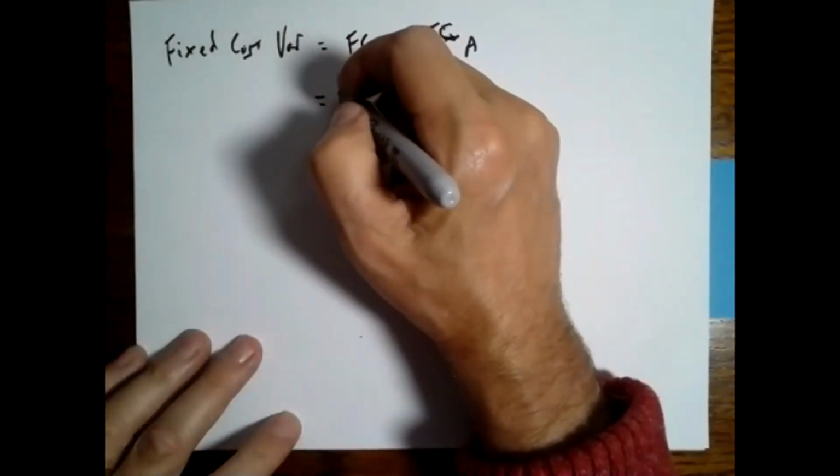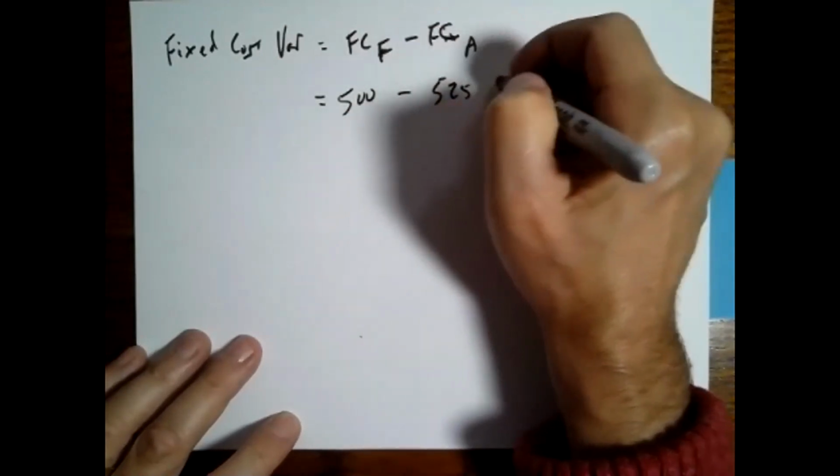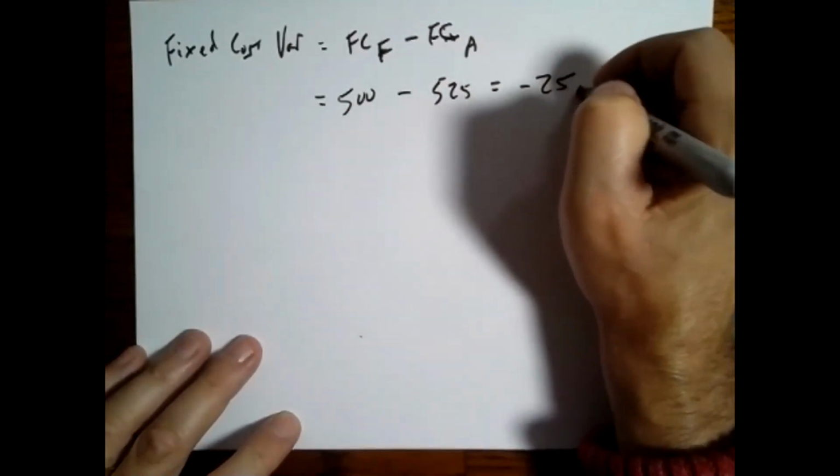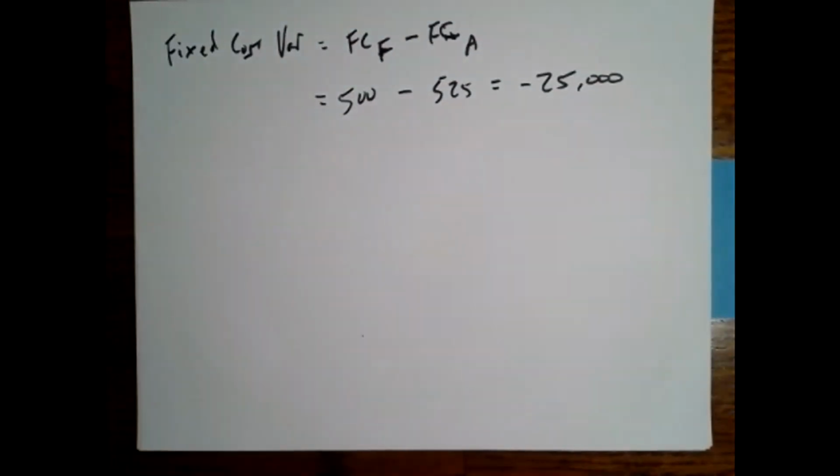We are minus 25,000. So 25,000 of our $235,000 excess expense comes from an increased amount of fixed costs that we did not anticipate.